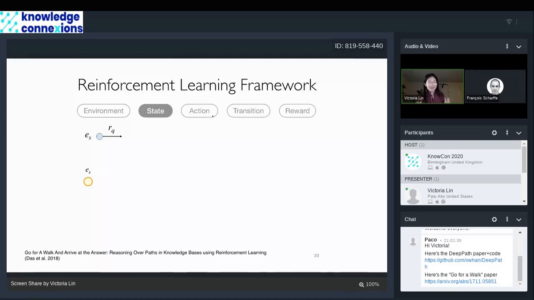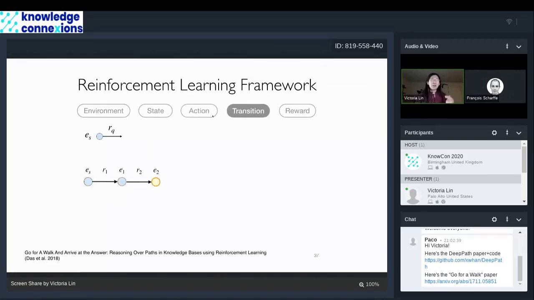So we formulate this as a partially observed sequential decision-making process, because at each state we do not assume that we see the entire knowledge graph environment. We basically assume we see the current entity and its neighborhood. So we start from the source entity, and the action space is basically all the other entities connected with the current entity. And our goal is to find a potential edge among all these connections for us to extend in the next step.